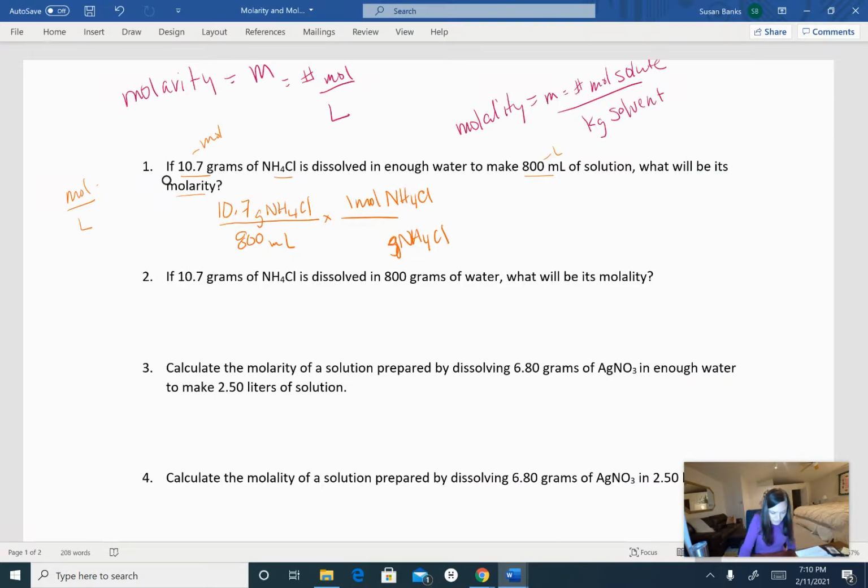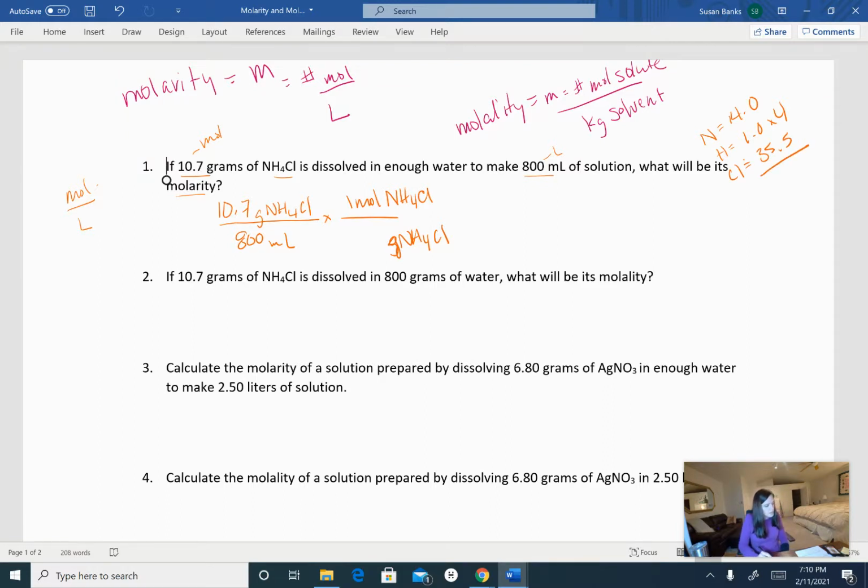So here we go. I'm going to put them over here. Nitrogen, I have 14.0, and I only have one of them. Hydrogen is 1.0, but I've got 4 of them, so I need to multiply that by 4. And chlorine is 35.5.